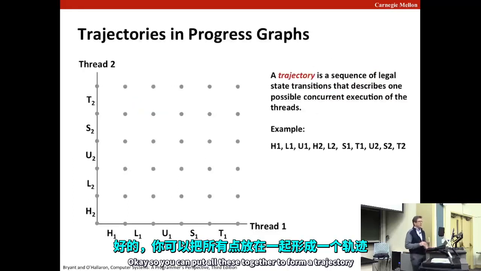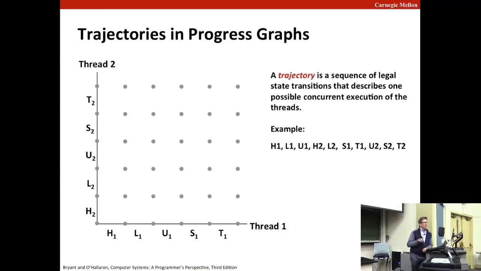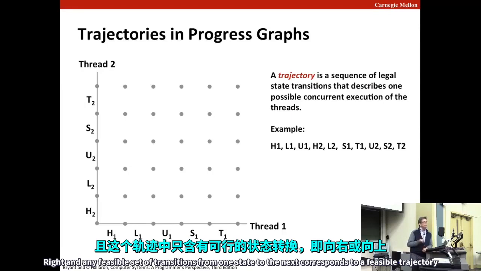Okay, so you can put all these together to form a trajectory which characterizes one execution of the program. Any feasible set of transitions from one state to the next corresponds to a feasible trajectory.